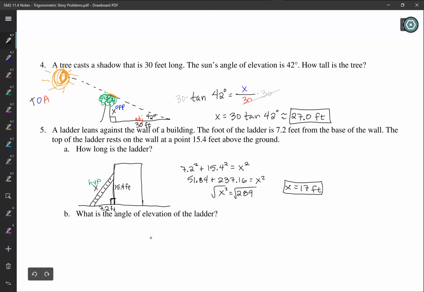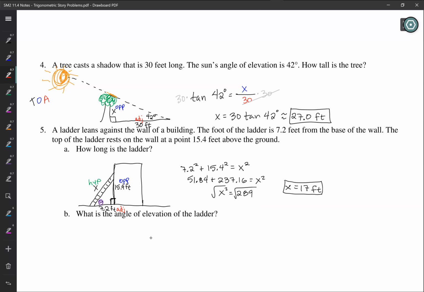Now it wants to know the angle of elevation. So I'm just going to add that in here. That's that angle right there. Now you actually know all three sides, so pick any of them. Personally, I always stick with information that the problem gave me in case I made some sort of mistake figuring out the answer to the first problem.